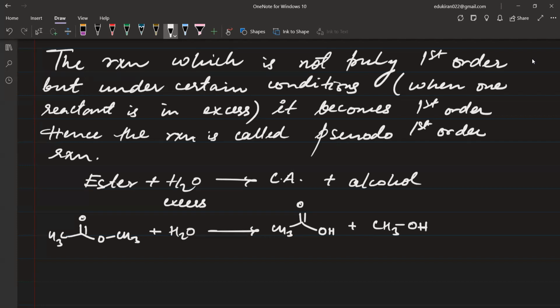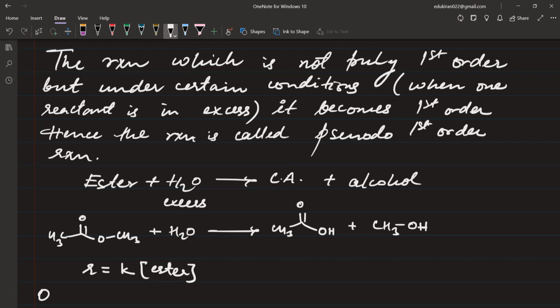Okay, so for this, the rate of reaction is equal to the rate constant k into the concentration of ester only. It never depends on the water molecule at all. We don't even write the water molecule here.